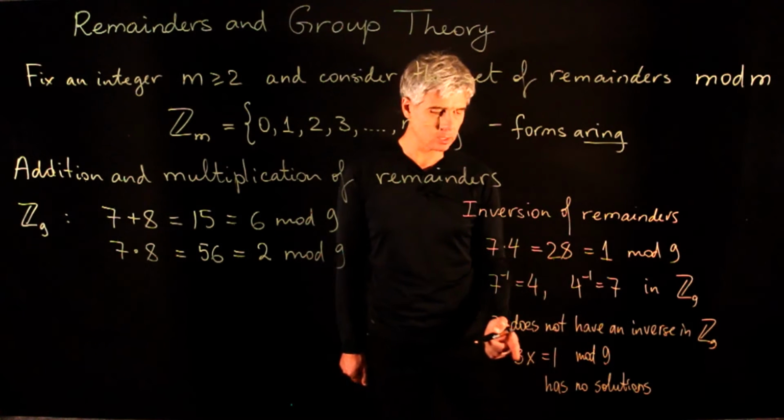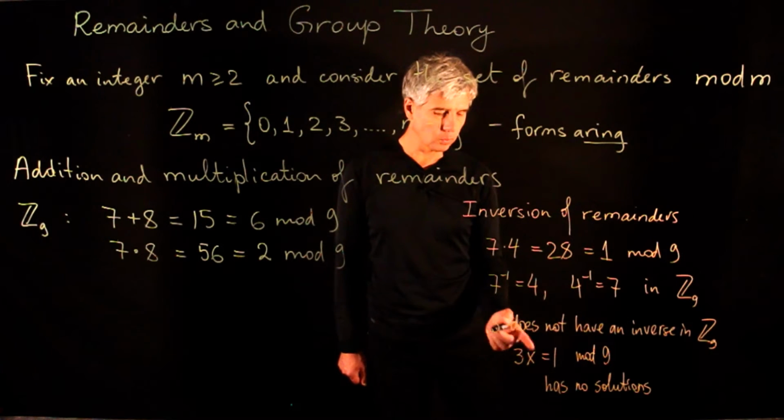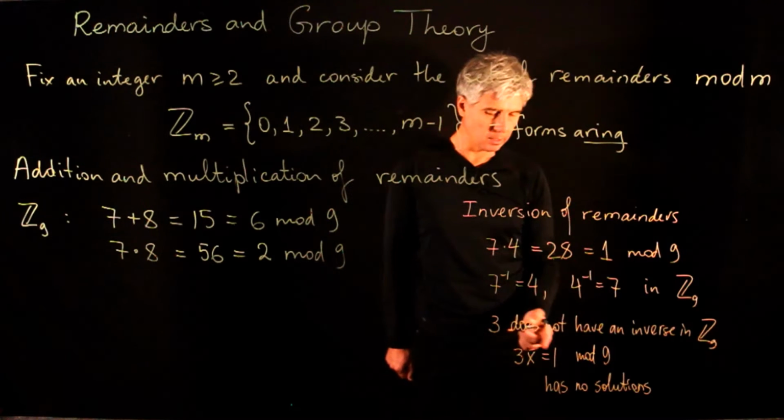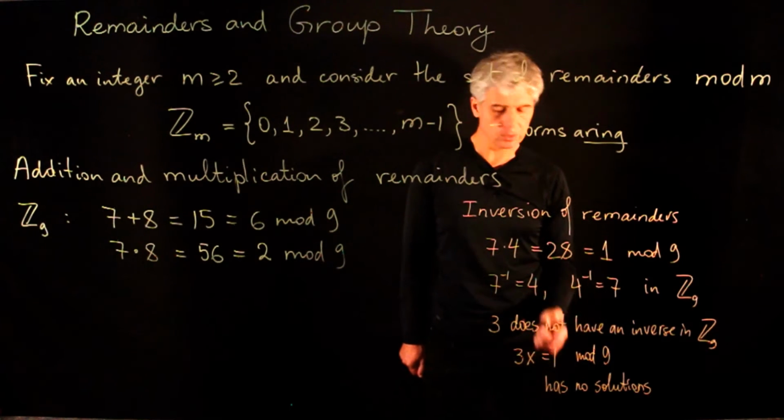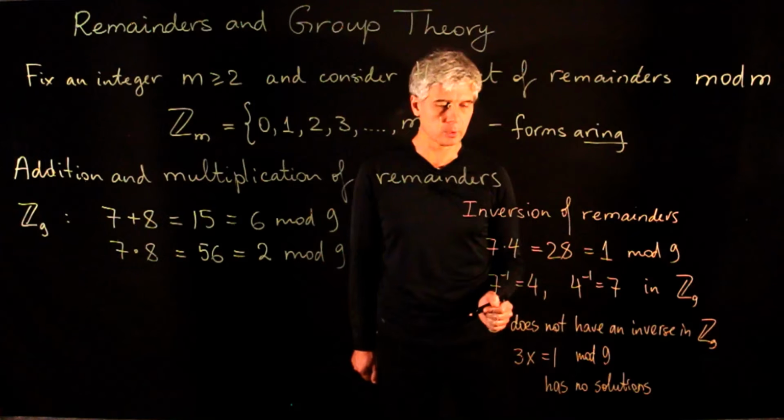Simply because 3 times x is always divisible by 3, even if we add multiples of 9, so this cannot be equal to 1.